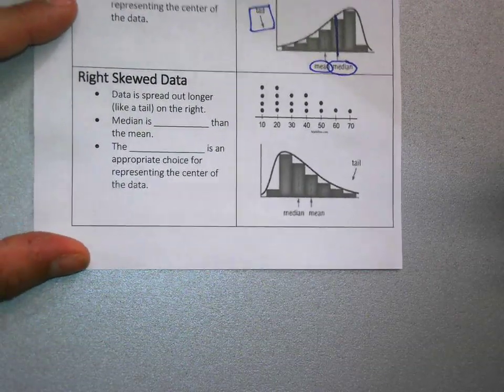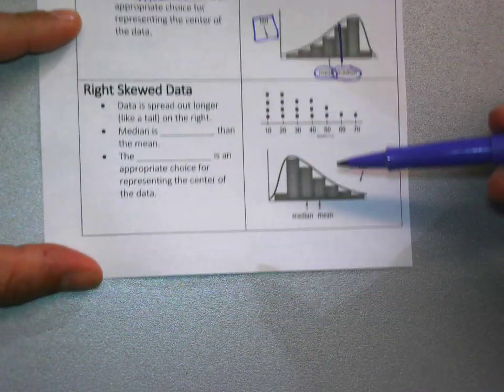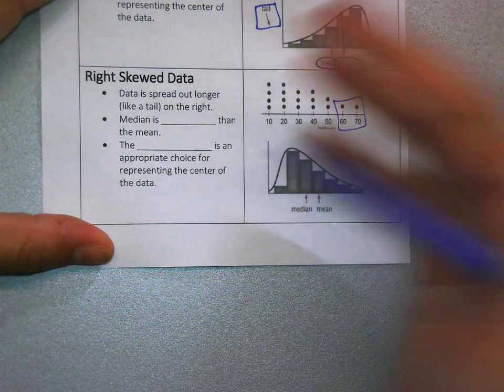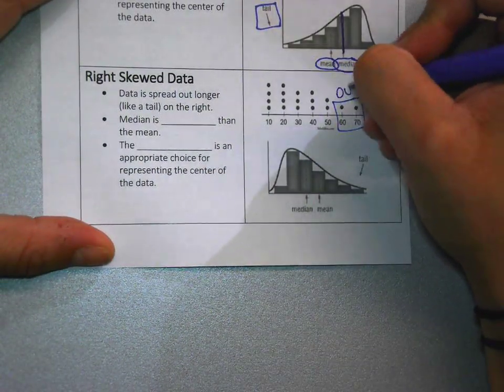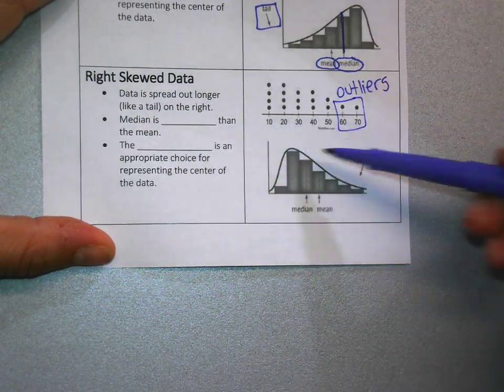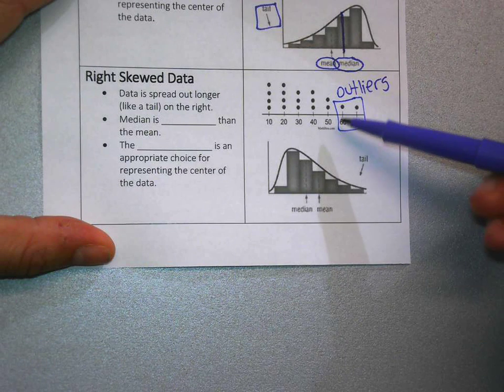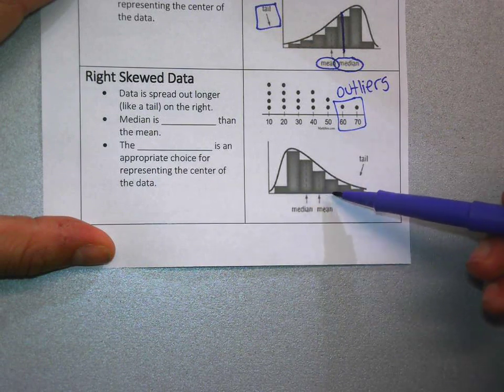Right skewed data is exactly what it probably sounds like. It's the opposite of left. It just means that there are outliers now on the right or higher end of our numbers. This, a teacher's never going to complain about, because these numbers are going to pull our average, or the mean, back up.